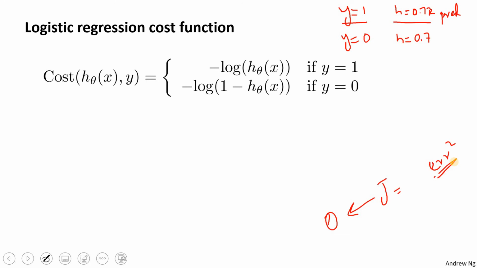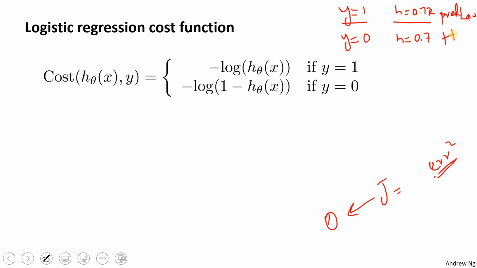So the error depends on the value of y. If the old value of y and my prediction are the same, there will be low error. If y does not match my prediction, there will be high error.